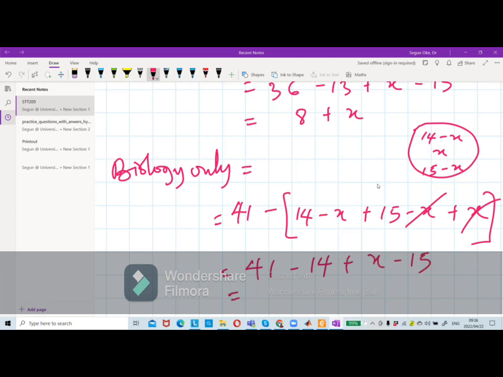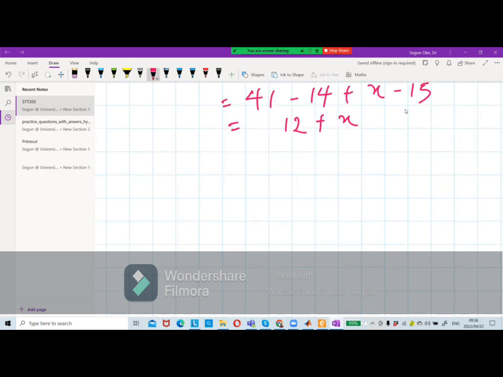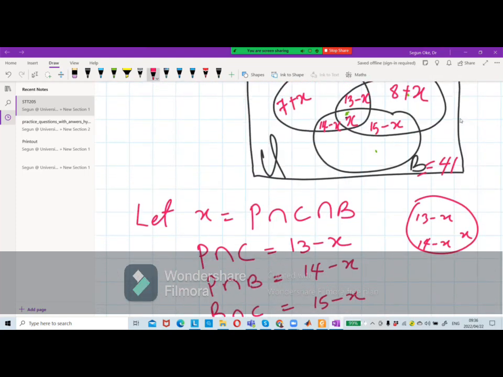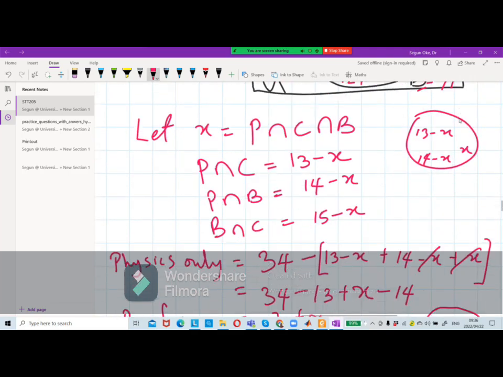So at the end of the day, when you add everything together, you have 12 plus x. So let's go to the 12 plus x. So we have here 12 plus x. So how do we now get the x?